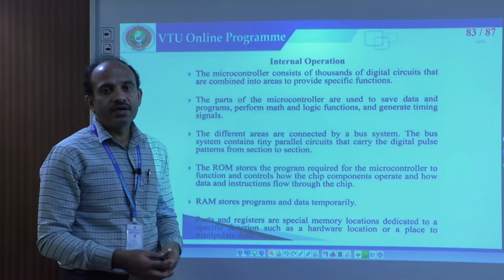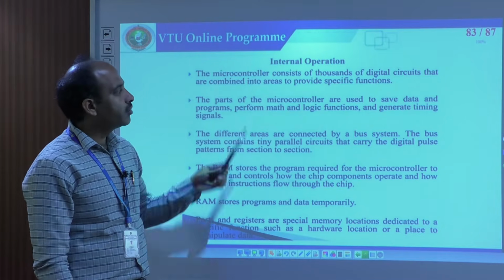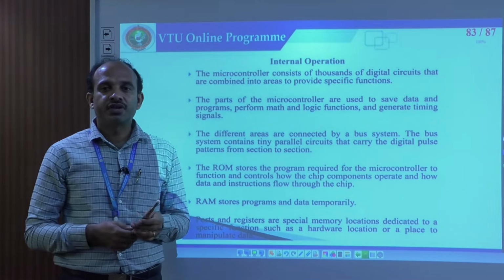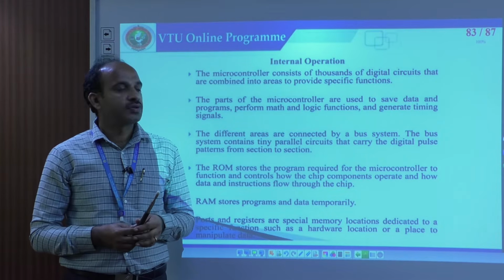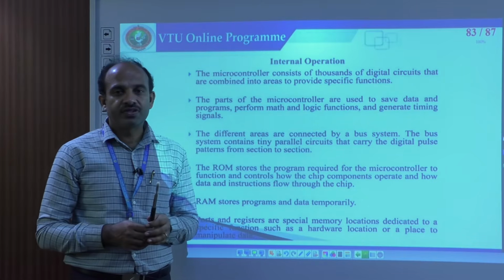So how exactly does the internal operation work? The microcontroller consists of thousands of digital circuits that are combined into areas which provide specific functions.